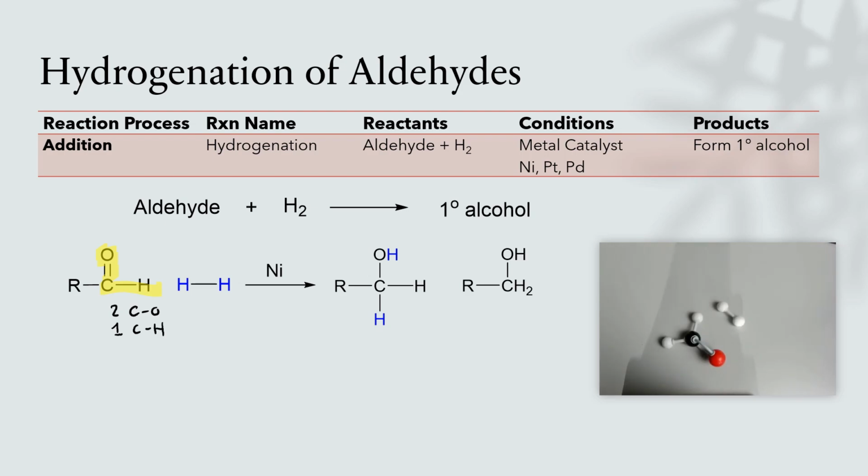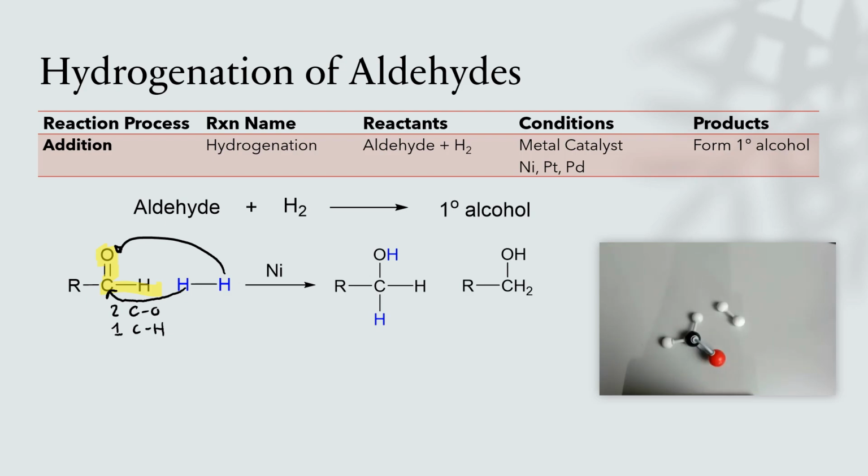Hydrogen is the molecule we are using. What's going to happen is 1 hydrogen is going to be reattached to that reactive carbon, or the carbon that has the functional group, and the other hydrogen will go back to the oxygen because we have to break that double bond in order to add the hydrogens back on.